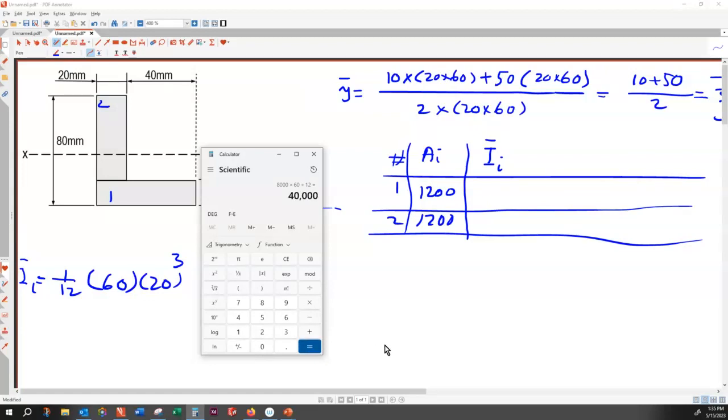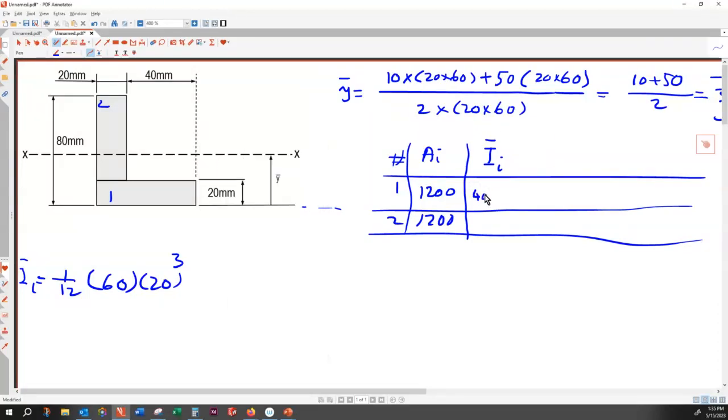That is 40,000, and everything is in millimeter to the power of 4.